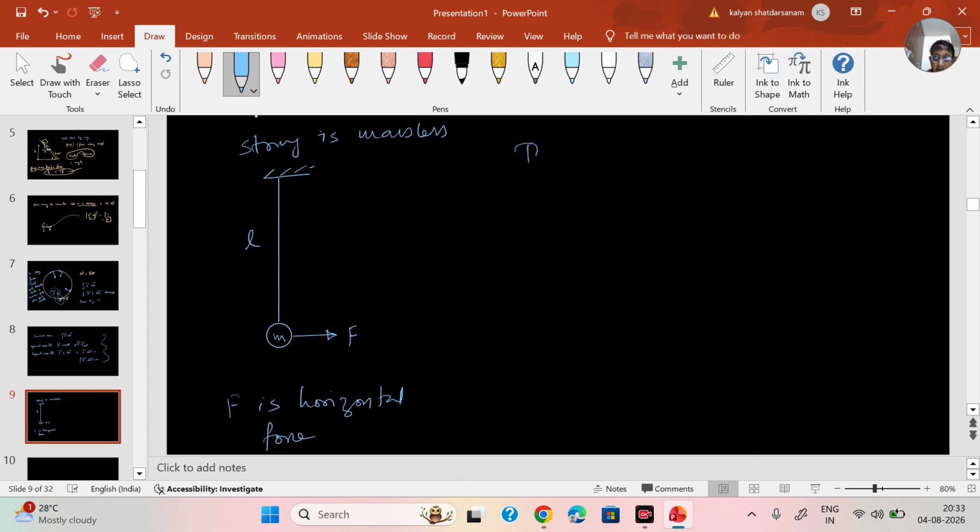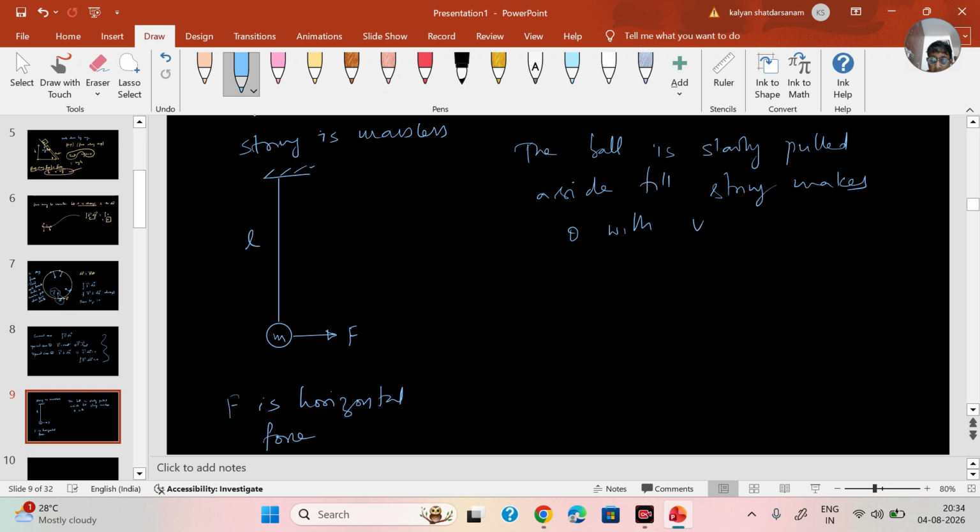And the ball or the object is slowly pulled aside till the string makes angle theta with the vertical. Find A, work done by tension, B, work done by mg, C, work done by F in this process.